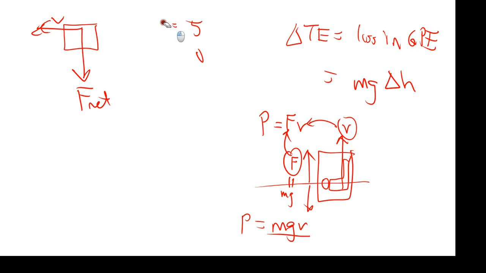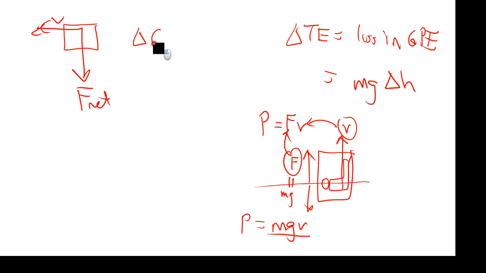Any questions here? Can use the change in GPE. But at the very, very top, right? Is there a vertical velocity? No, right? It's only horizontal.